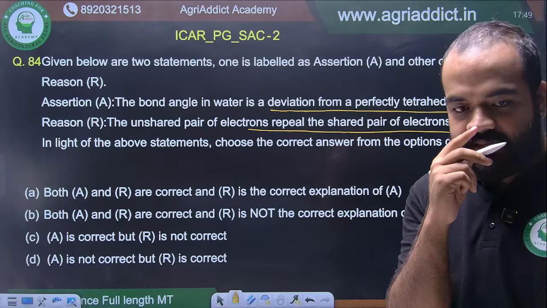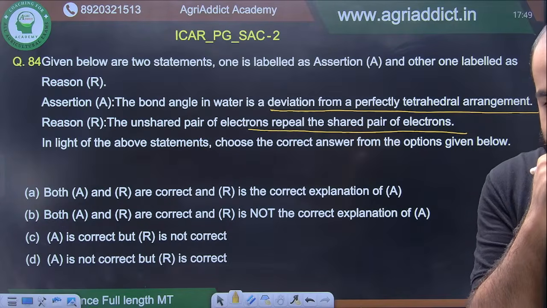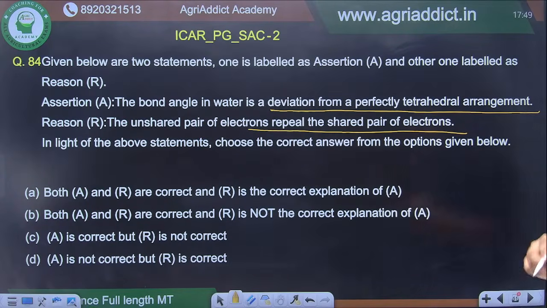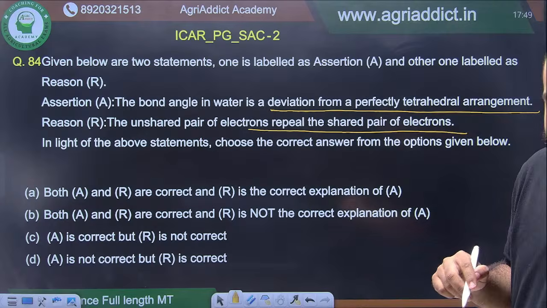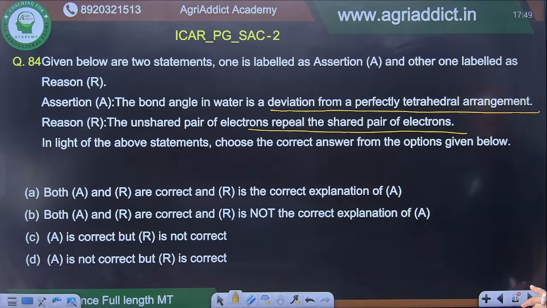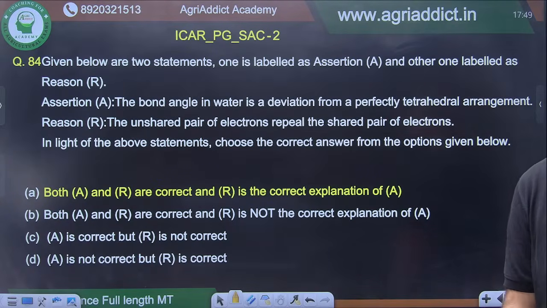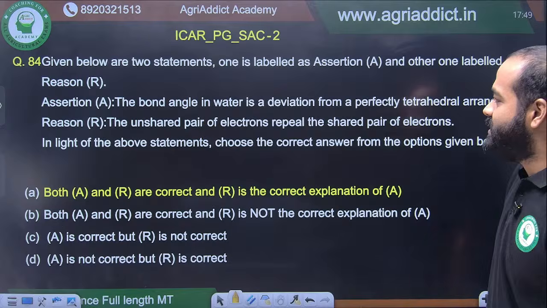I cannot see any answers. Anyone? Yes, Aishwarya is telling A. Yes, Shioshi, you are also correct. This is also A. This is also very easy one.